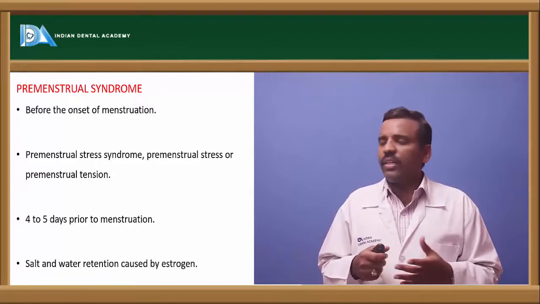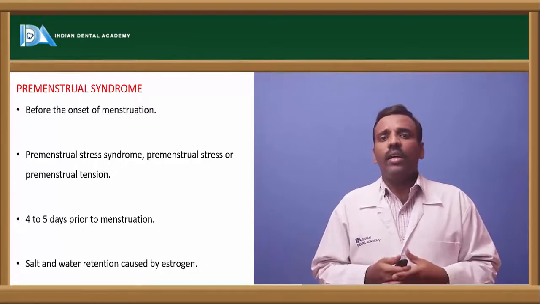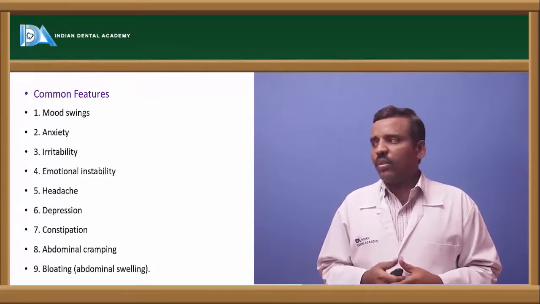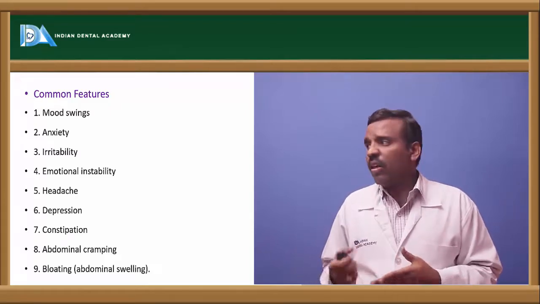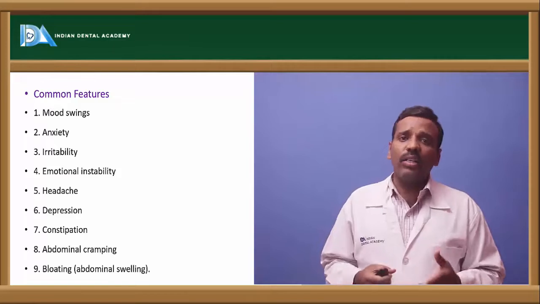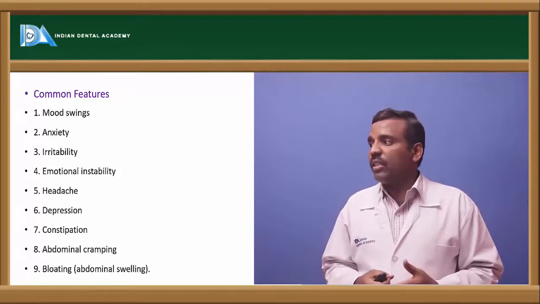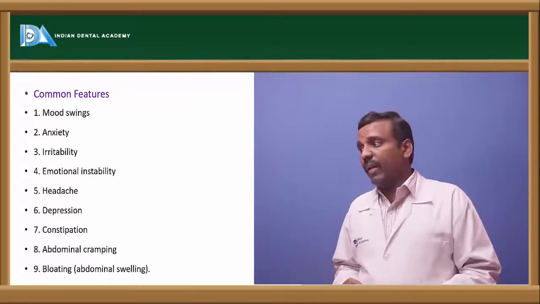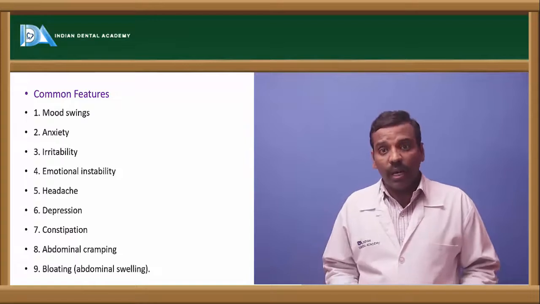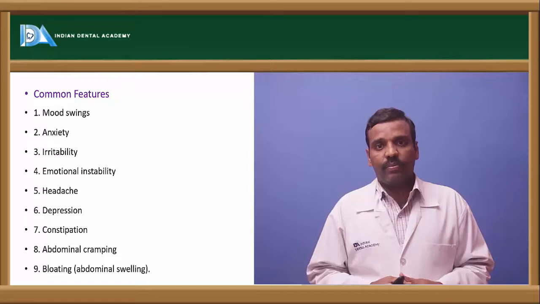Salt and water retention caused by estrogen is why premenstrual syndrome occurs. The common features are mood swings, anxiety, irritability, emotional instability, emotional outbursts, headache, sometimes nausea, depression, constipation, abdominal pain, and bloating, that is abdominal swelling.